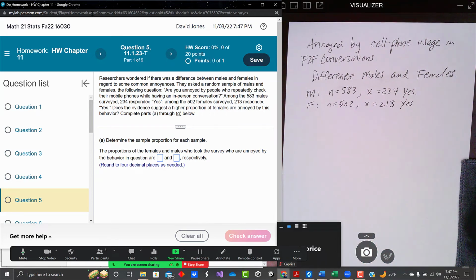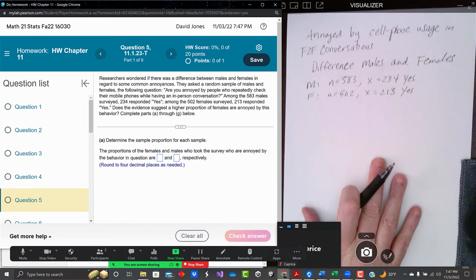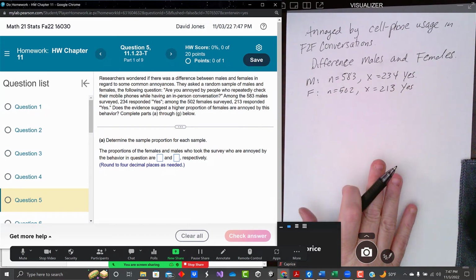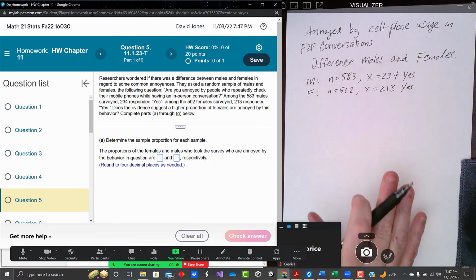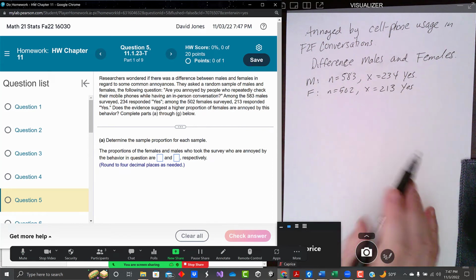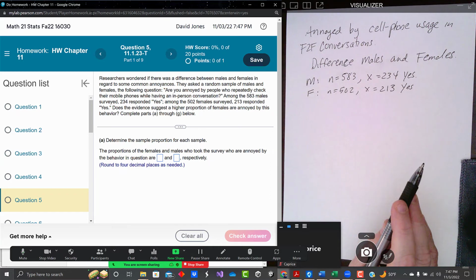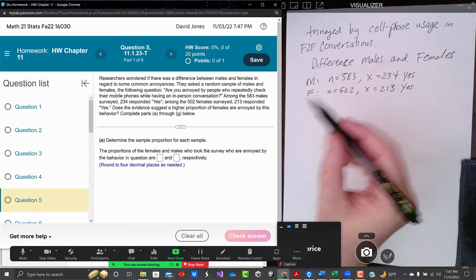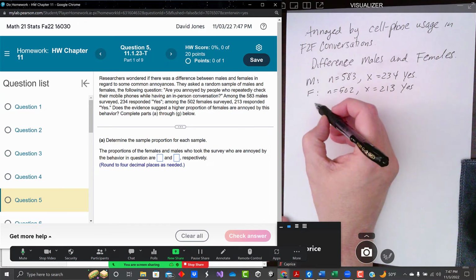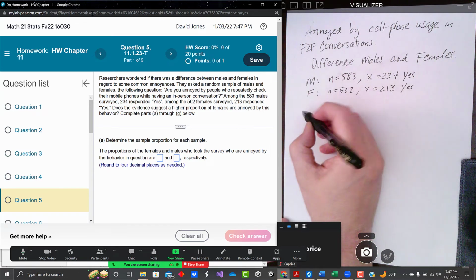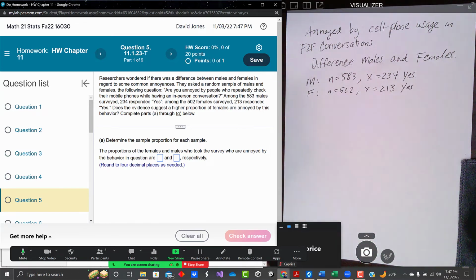First question. The proportion of the females and males who took the survey who are annoyed by the behavior in question are, and they want 4 decimal places. This is not the hypothesis test yet. So they wanted females, and even though they talked about males first in the sentence, look at this tricky stuff.